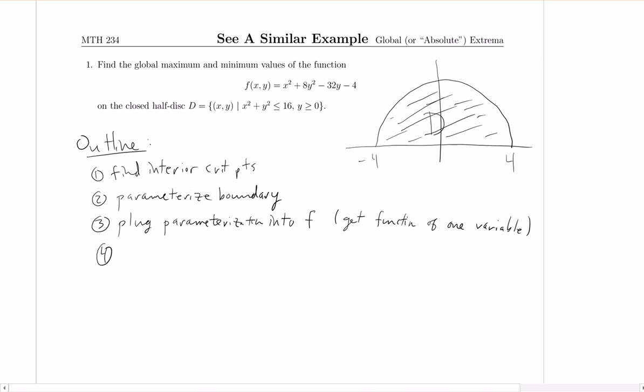And the reason we do that is because in step 4 we will use techniques that we learned in Calc 1 to find critical points of this one variable function.